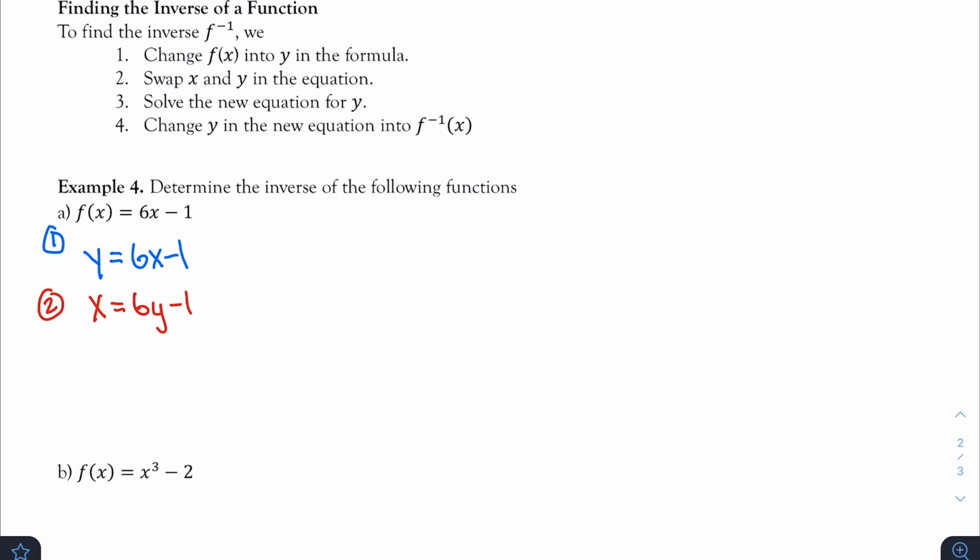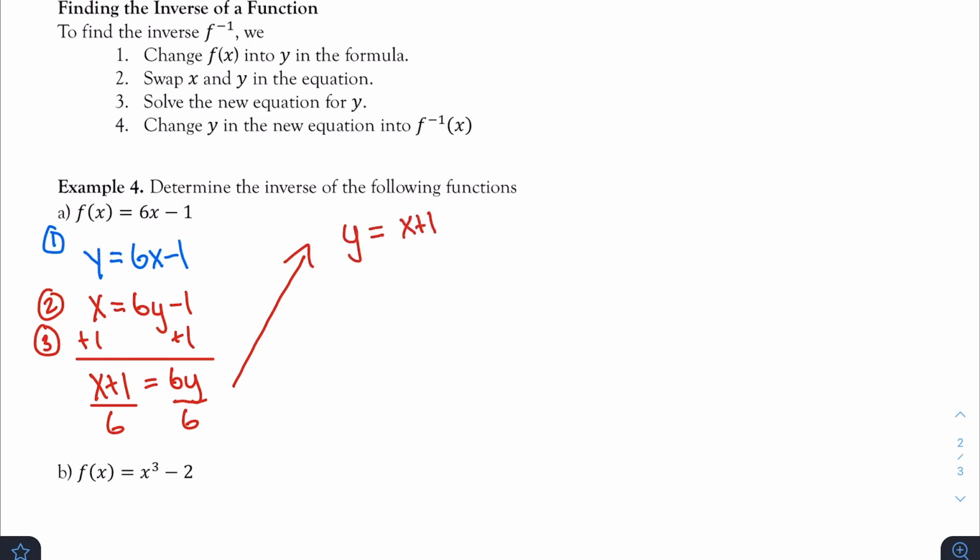Now, continuing through step 3. Step 3 tells me solve for y. If I want to solve for y, I add 1 to the left and right, giving me x plus 1 is equal to 6y. And then I can divide by 6, giving me y is equal to x plus 1 all over 6.